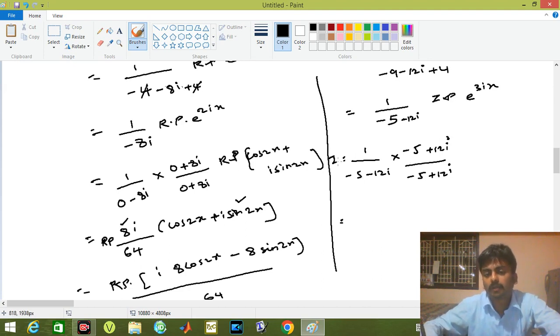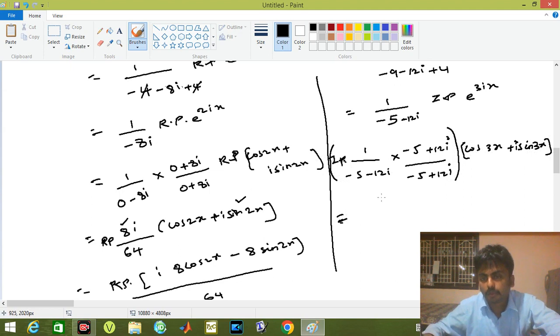So the imaginary part of cos 3x plus i sin 3x equals, here you will get minus 5 plus 12i divided by a plus b into a minus b.